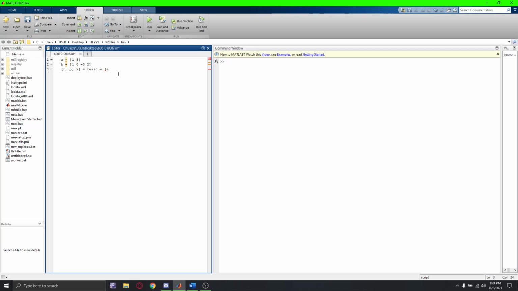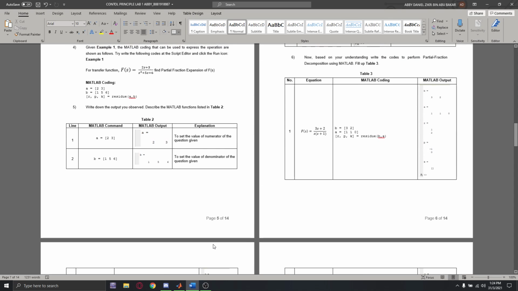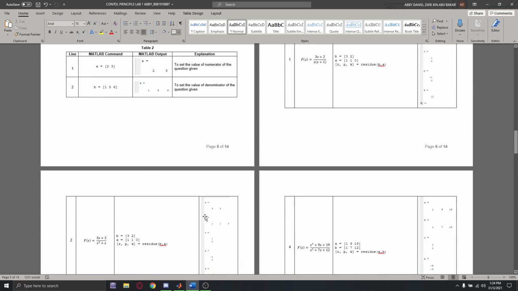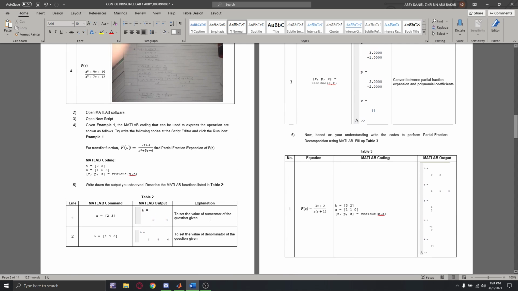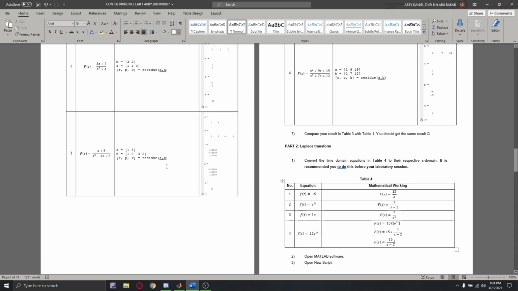The function of the residue is to convert between partial fraction expansion and polynomial coefficient. For this we will convert from polynomial fraction to partial fraction.